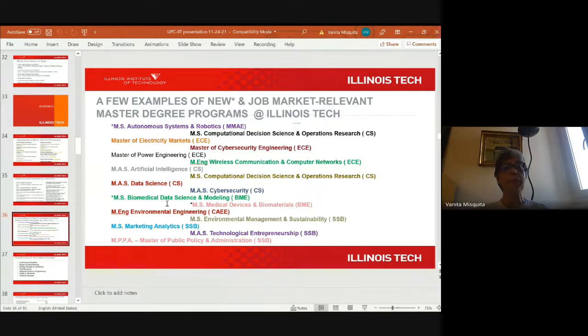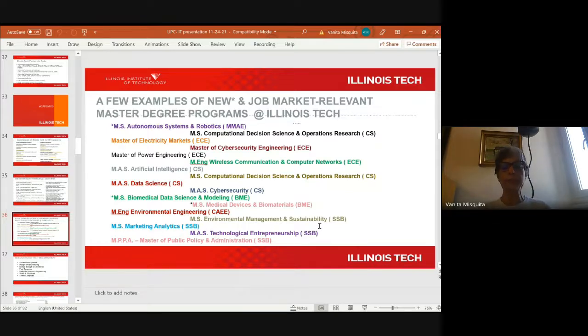They are Biomedical Data Science and Modeling and the Master of Science in Medical Devices and Biomaterials.